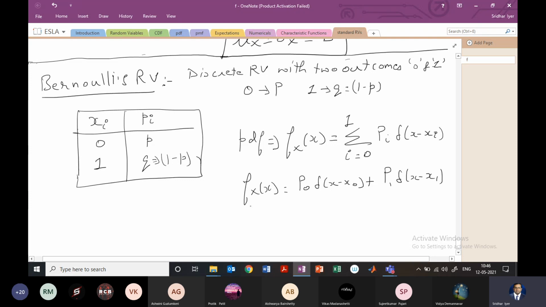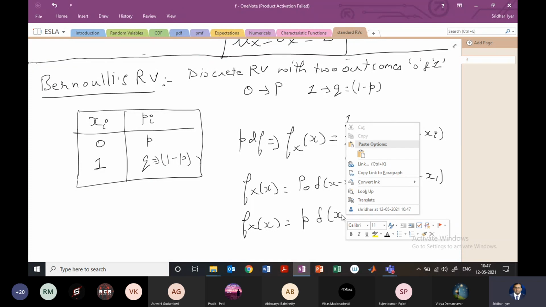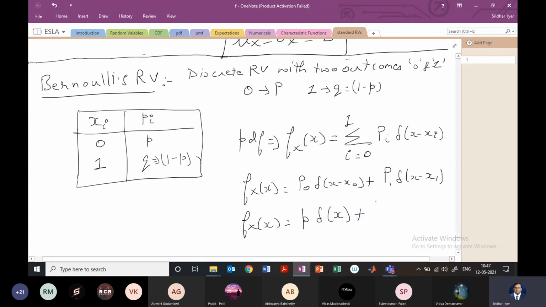And now we can put the probability. The probability for 0, which we have written as p, so you'll have p delta of x minus x0, and that value is 0, so you'll just have delta of x, plus p1, which is nothing but q delta of x minus x1. So you can only shift the PDF by one value, so x minus 1.